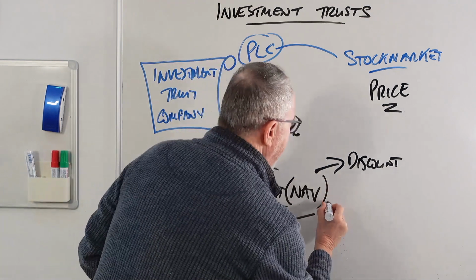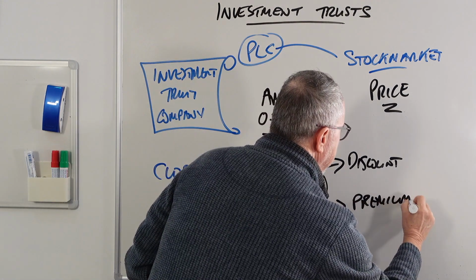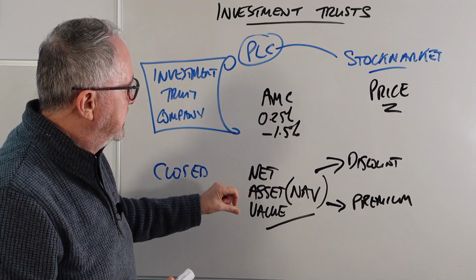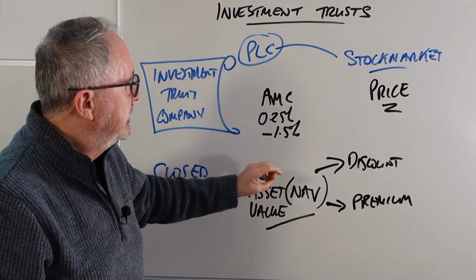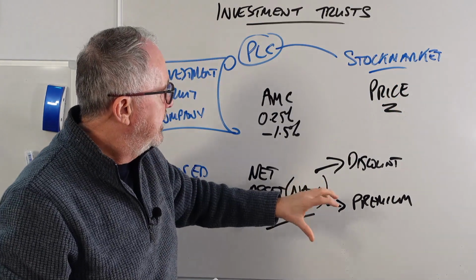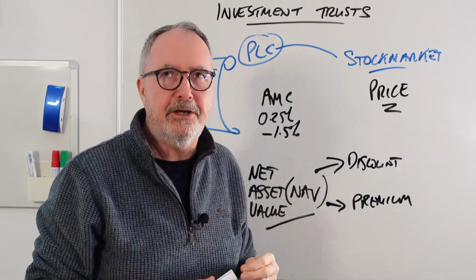If you're trading at what they call a premium, that means that, in other words, the price on the stock market that you're getting, you actually are paying more for your share than the actual value of the company itself.